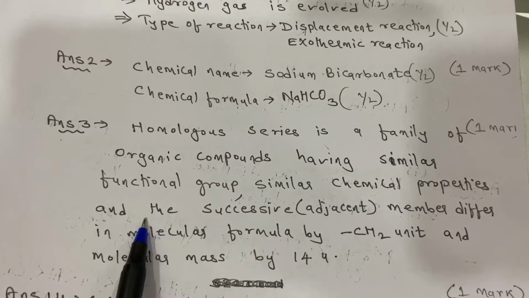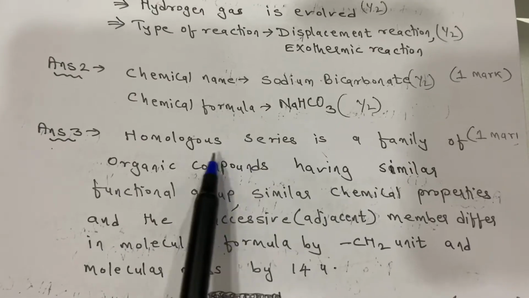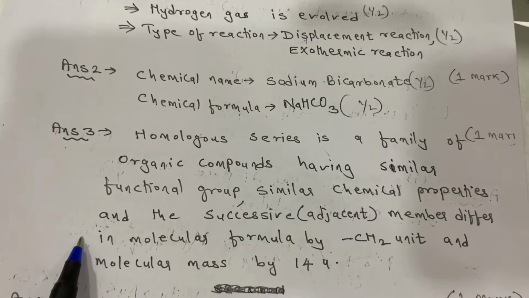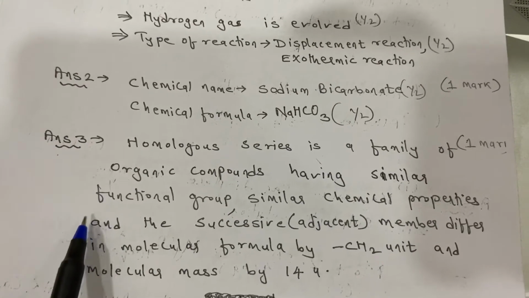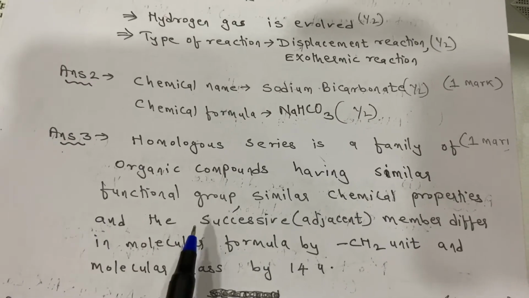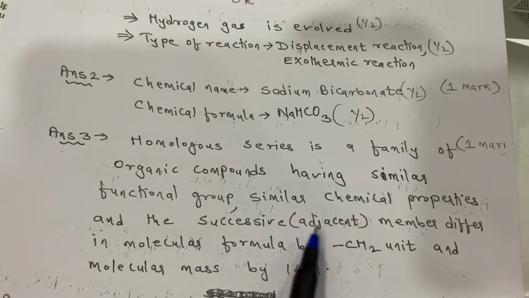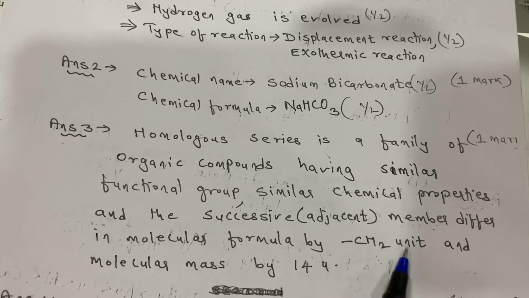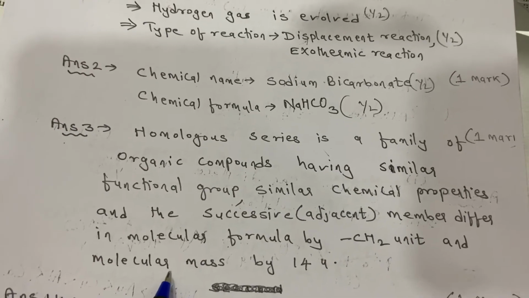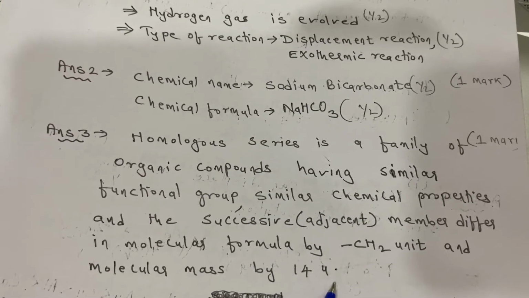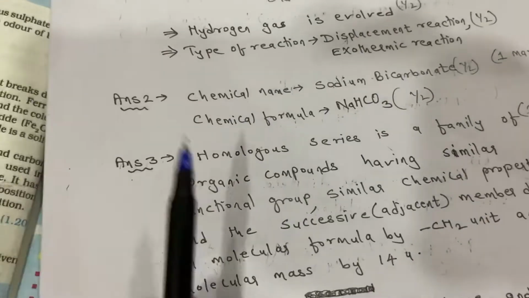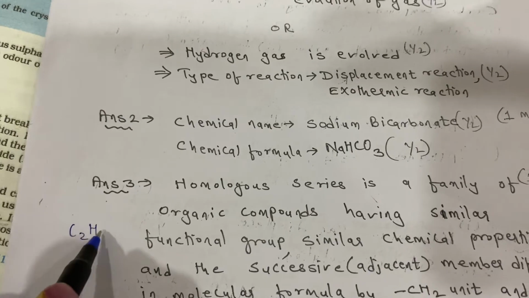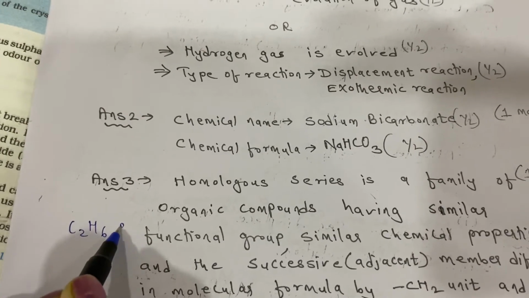This is a series, which means in this homologous series many carbon compounds are linked together. So the first compound and second compound, the successive or adjacent members, differ in molecular formula by CH2 unit and in molecular mass by 14u. Suppose the first carbon compound is C2H6, this is ethane.